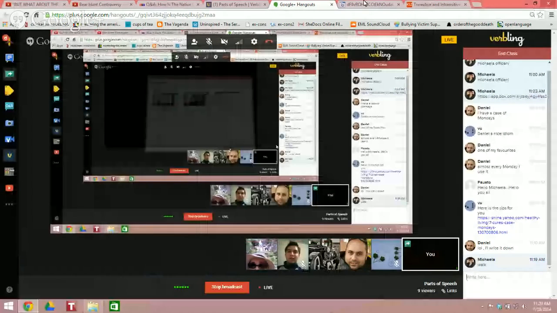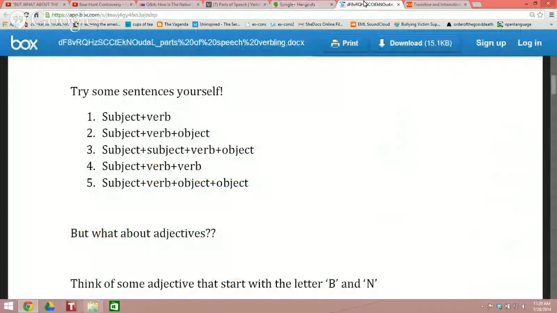Adela, can you think of any way it could take an object? Can you think of any examples of when it does take an object? Take a photo.